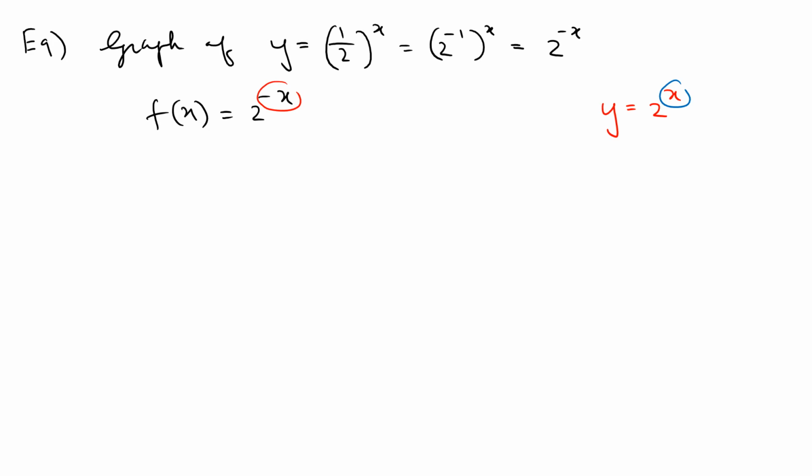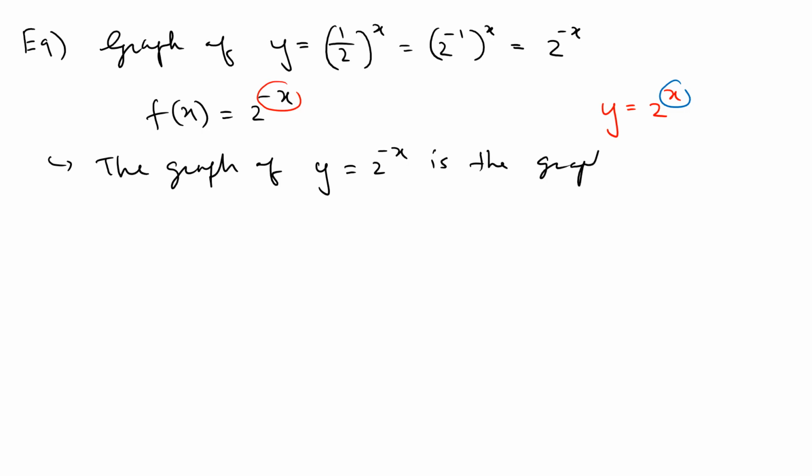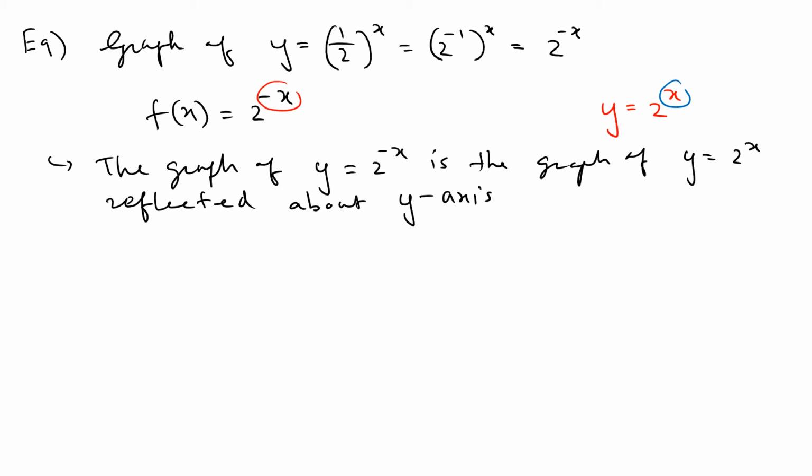So the graph of y = 2^(-x) is the graph of y = 2^x reflected about the y-axis. If we use that fact, we can simply graph y = 2^(-x) as a reflection about the y-axis.